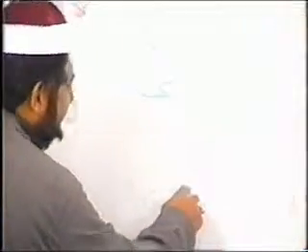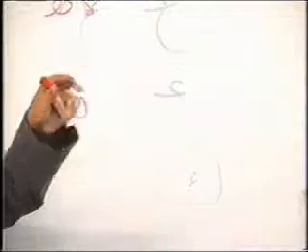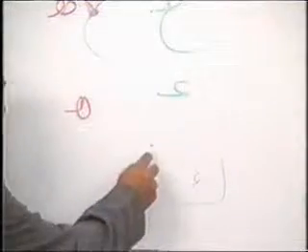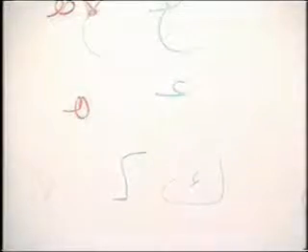Ain, ghain, fa, also the same. Qaf, also the same. Now kaf. This is kaf. Many people, if they see this, they'll know kaf. But if they see this, they don't know what's happening. Now this is also kaf.